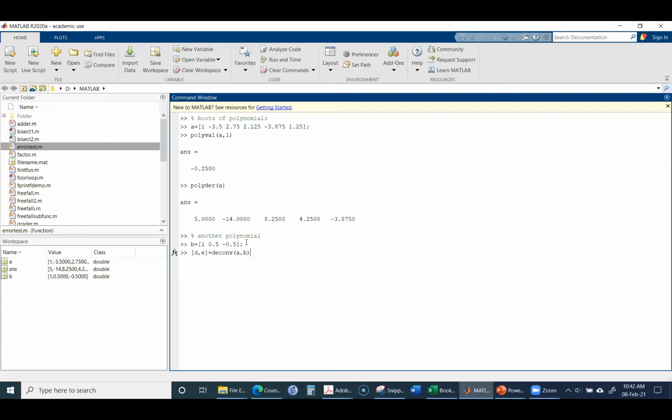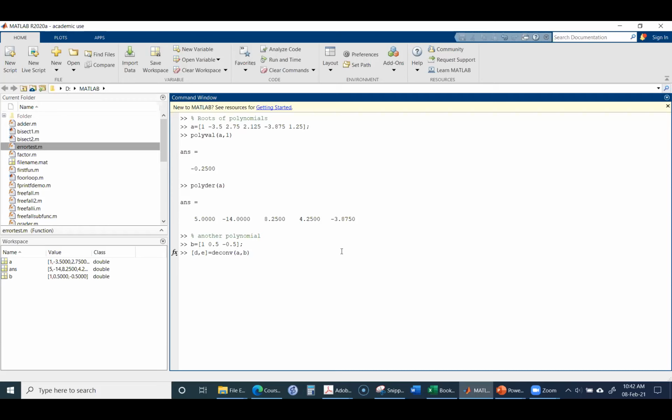This is the command. If I input this command, it shows that I am dividing the first polynomial by the second polynomial, which I have already defined as a and b, and the result will be the quotient and the remainder.